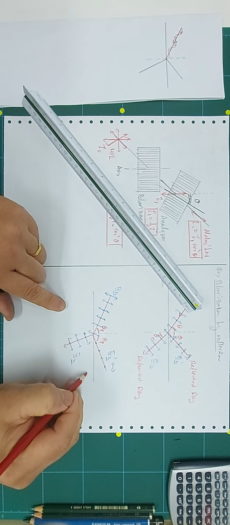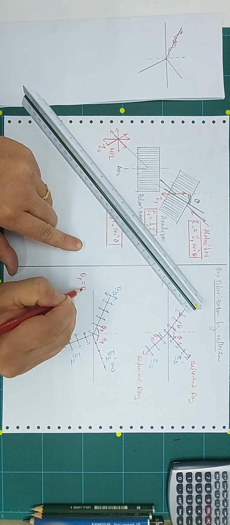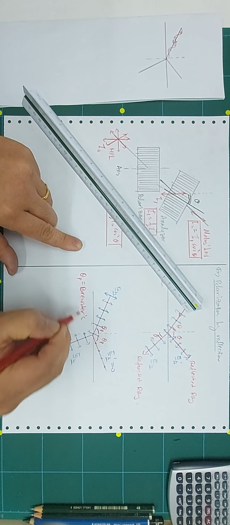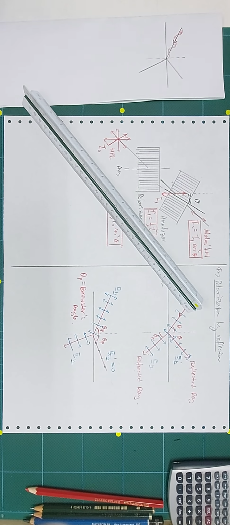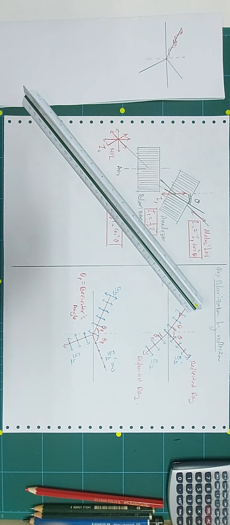This theta p is called the Brewster angle, and it only happens at a specific value, depending on what you have in medium number 1 and medium number 2.